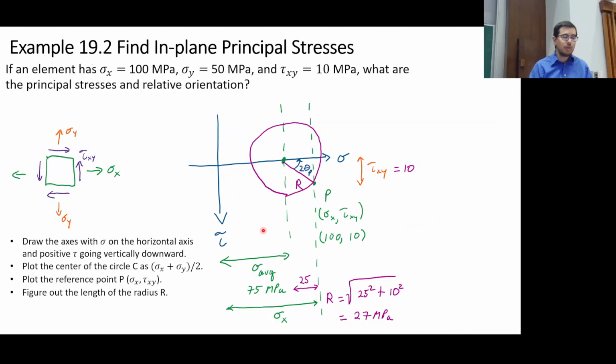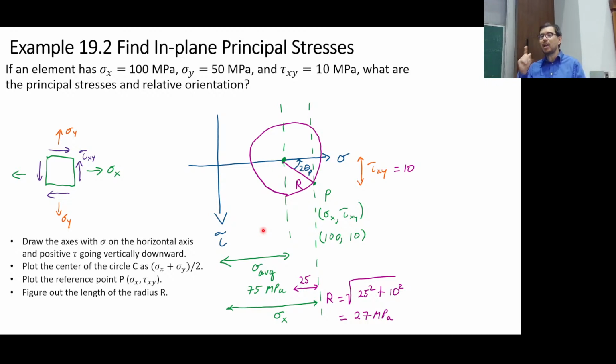But when it comes to finding principal stresses and finding maximum in-plane shear stress, there's not a faster way that I know. Now, orientation, yeah, you might want to punch that into a calculator.